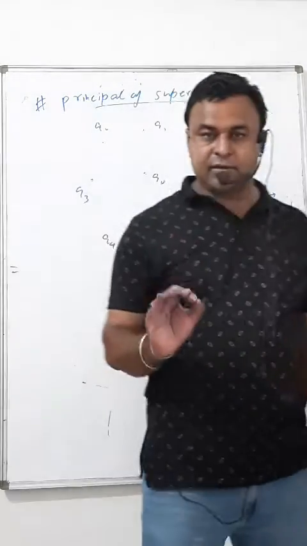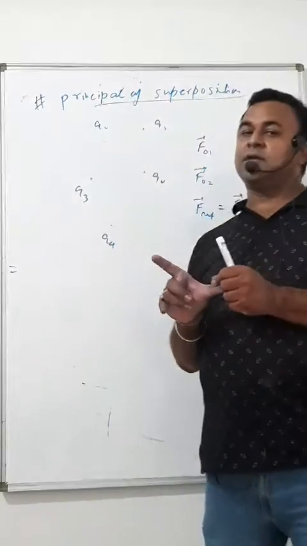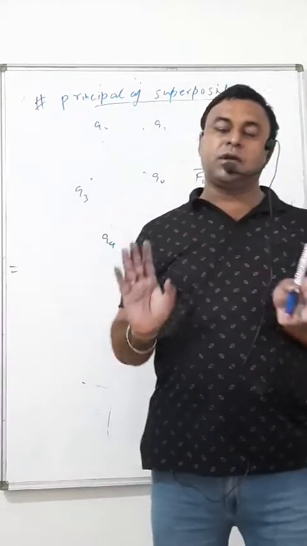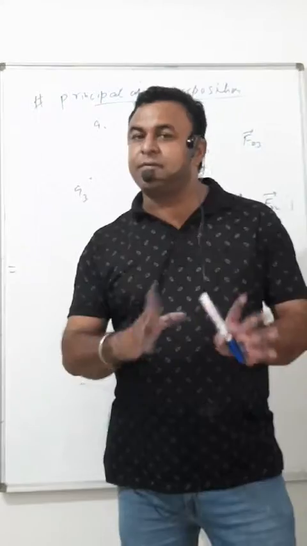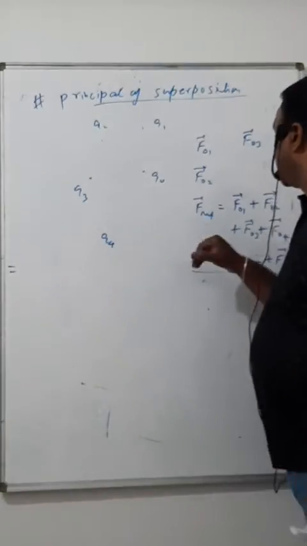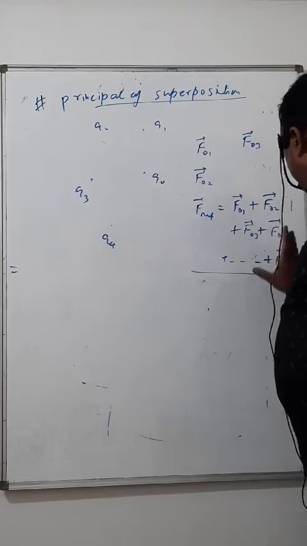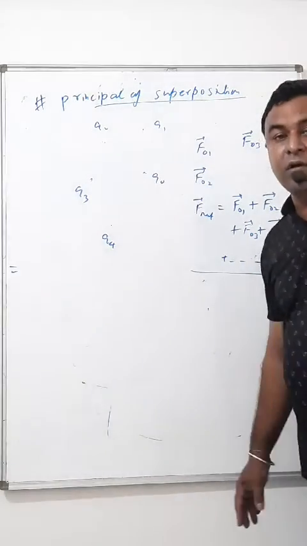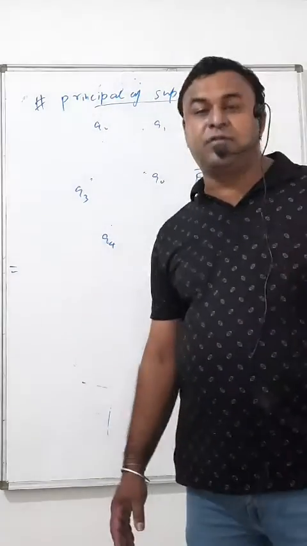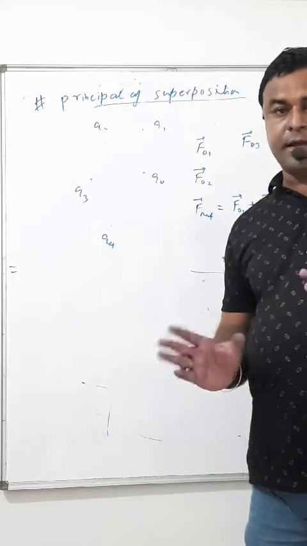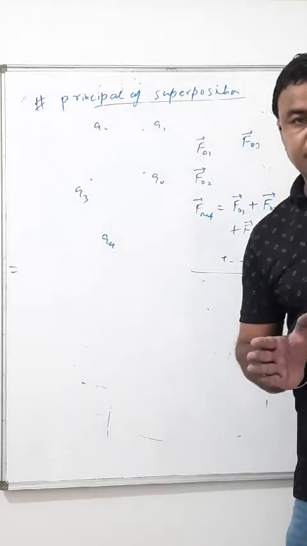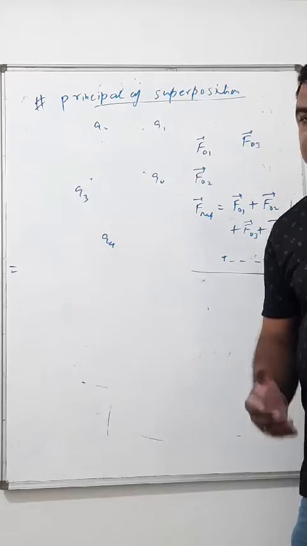I have charge Q0, and around it the charges are Q1, Q2, Q3, up to Qn. Now the net force on Q0 is the vector sum of F01, F02, F03, F04 and so on, the forces all the charges exert individually. Then we take the vector sum and get the final force.